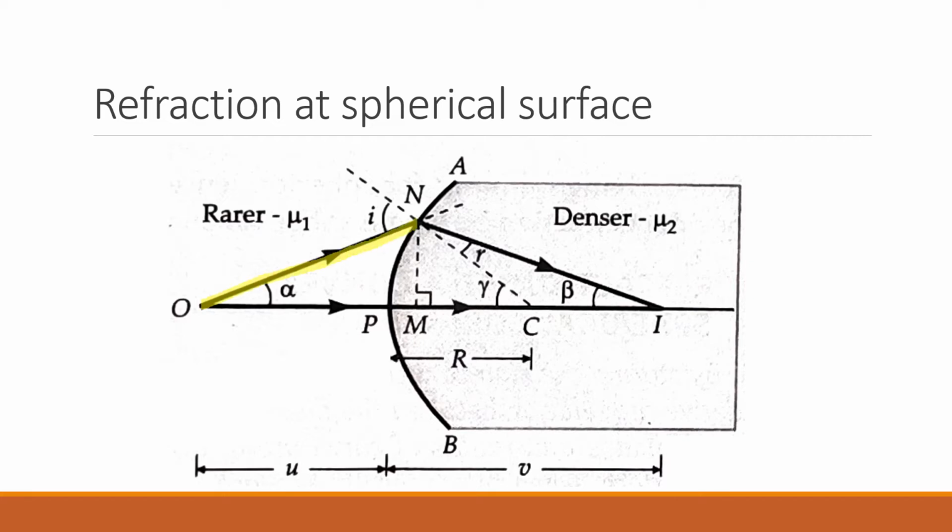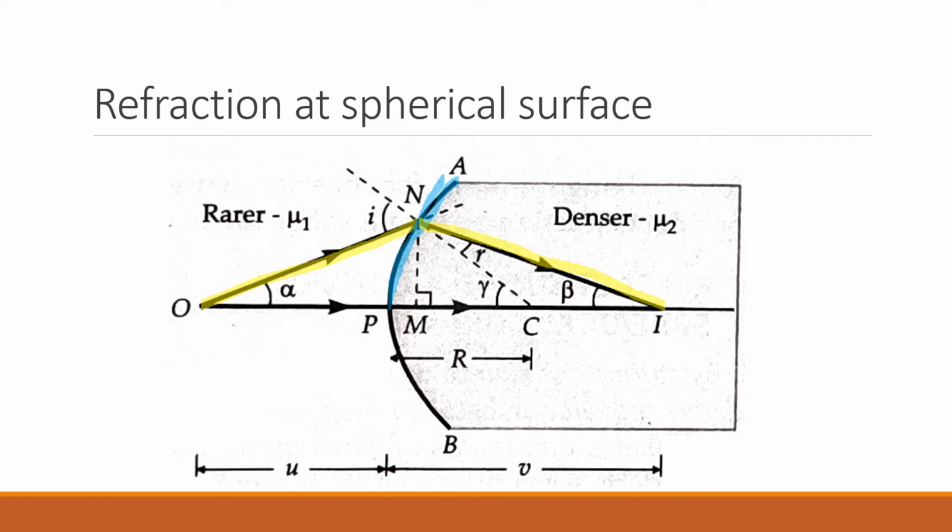Now after falling on your refracting surface APB, what happens? Refraction. After refraction, the light bends towards the normal since it is moving from rare to a denser medium. So the light changes its direction and it bends towards the normal.